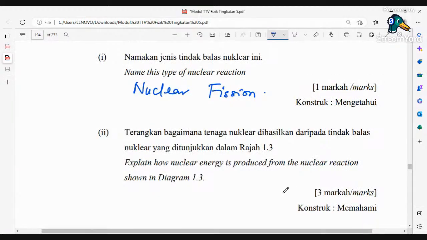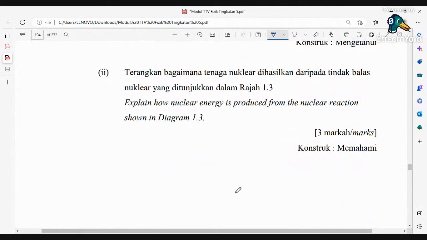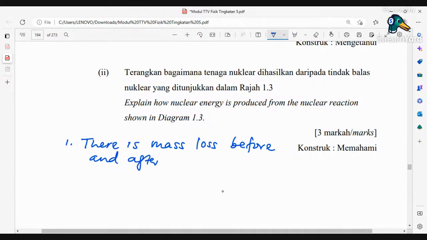Okay. Explain how nuclear energy is produced from nuclear reaction. 3 marks. Okay, first point, there is mass loss before and after the reaction.